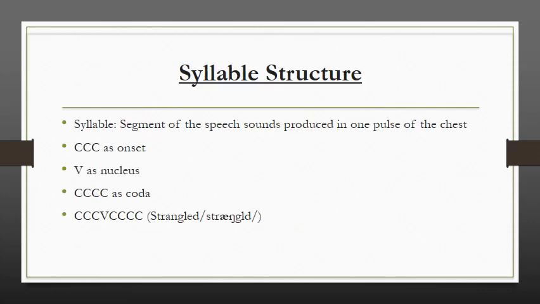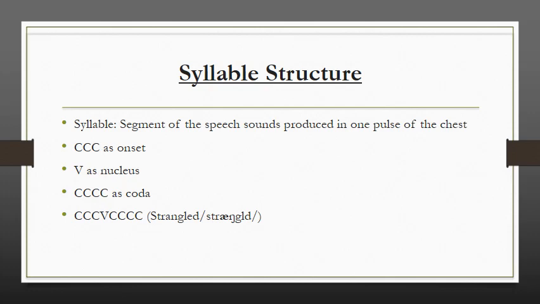So the main summary of the structure we studied previously was that a syllable is a segment of the speech sounds produced in one pulse of the chest, that we speak in one flow. I told you that the onset comprises a consonant or consonants. There would be a maximum of three consonants as onset.